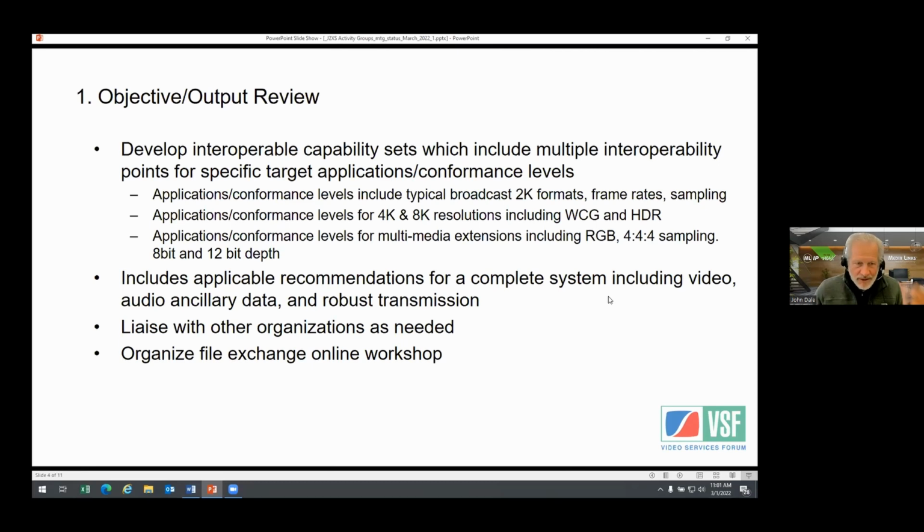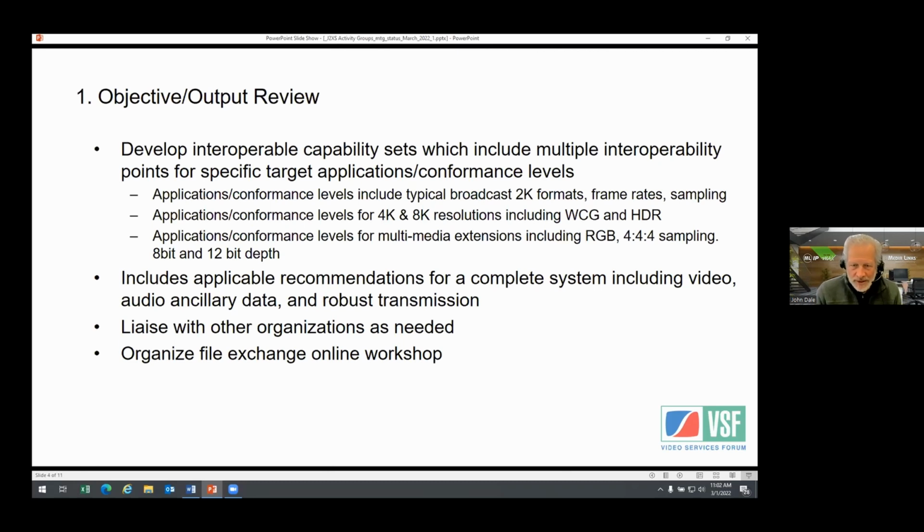Our work within this group is to look at some of the interoperability points and target some file exchange for those. What we did in the TRs is we set up a pretty broad range of formats that could be utilized for the JPEG-XS coding as specific interoperability points.